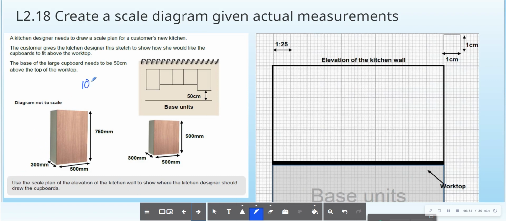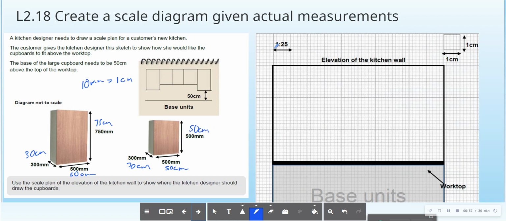Remember, 10 millimeters is the same as 1 centimeter, so we divide by 10. 30 centimeters, 50 centimeters, 75 centimeters, 30 centimeters, 50 centimeters, and 50 centimeters.